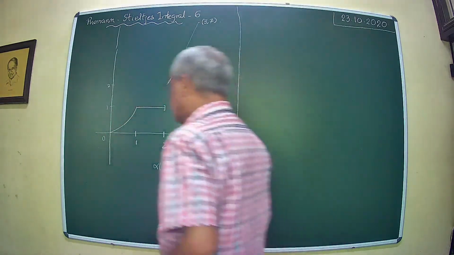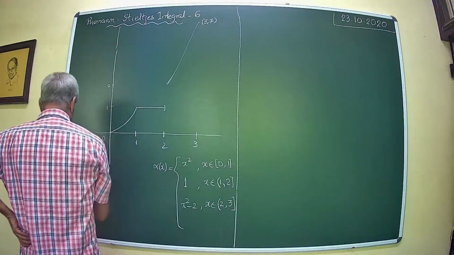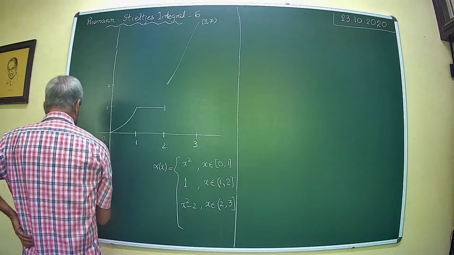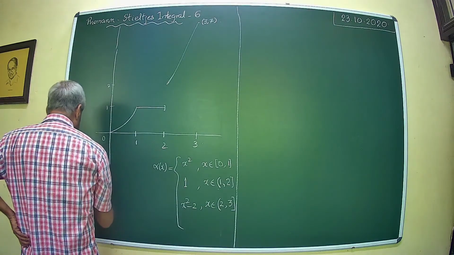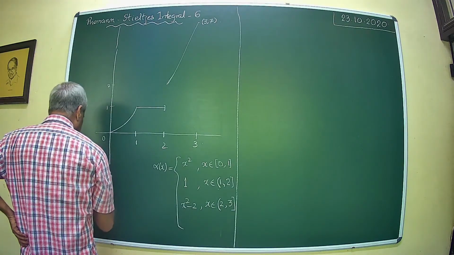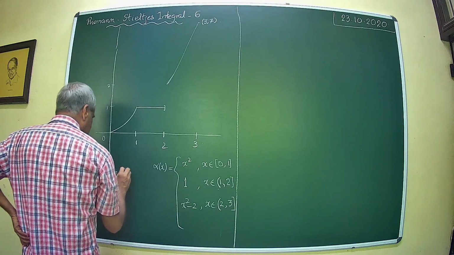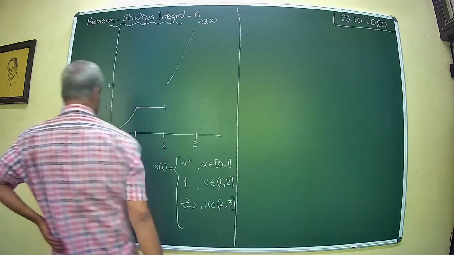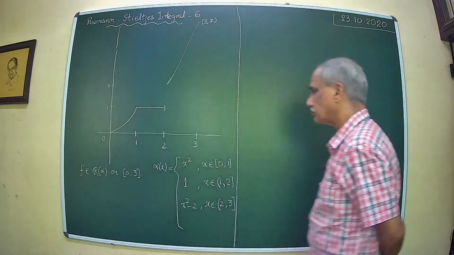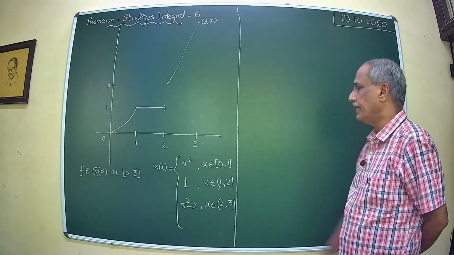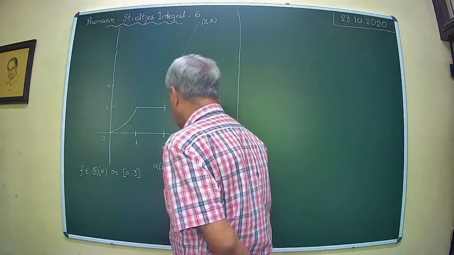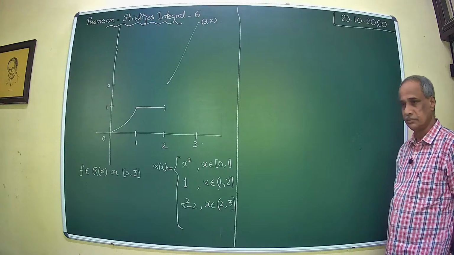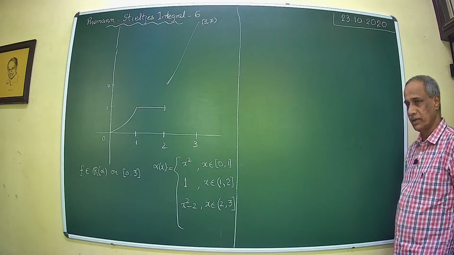So you have a function f, and the problem is whether this is in R alpha on [0, 3], where alpha is as defined in this way. Now we made certain observations.